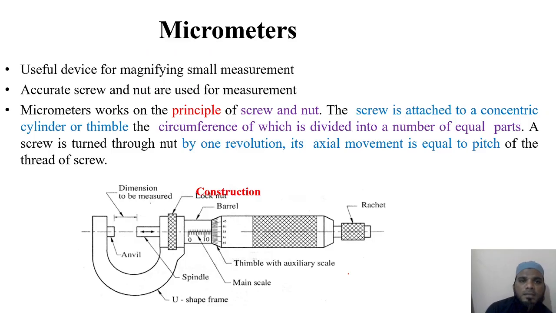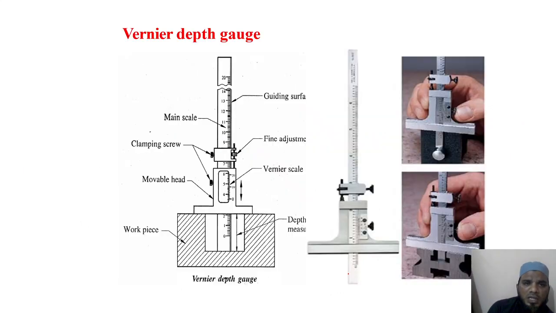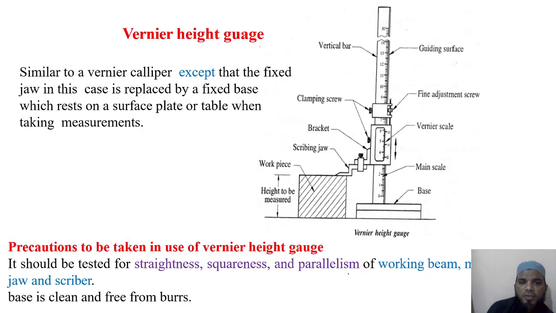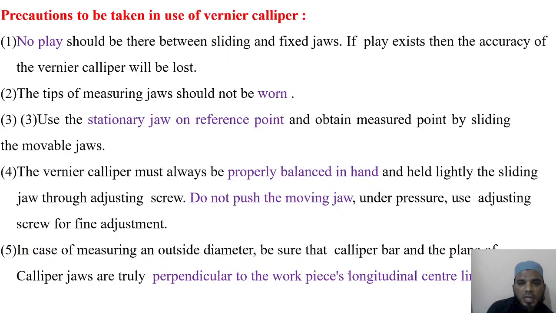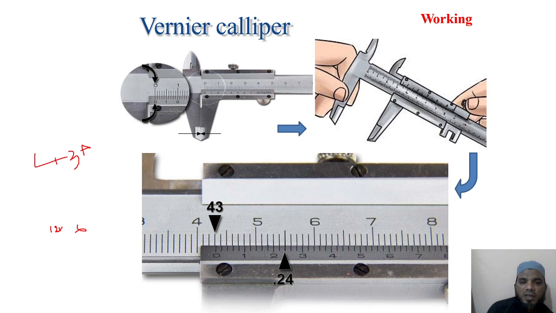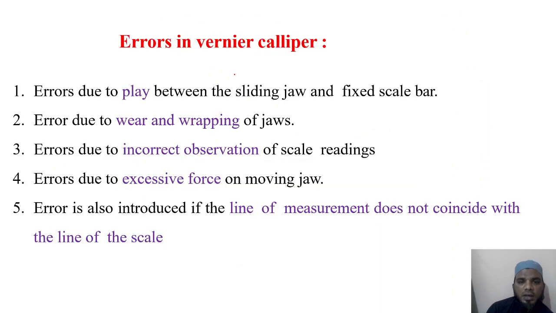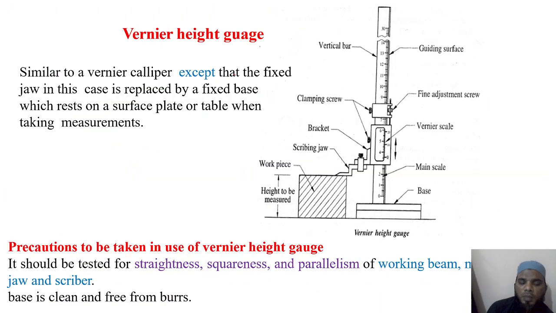Next, micrometers. After vernier calipers, micrometers are the next level. One thing we have to remember again: in the latest versions we have digital vernier calipers. There will be a device connected, like a dial gauge, on which the readings are shown directly without any manual measurement.